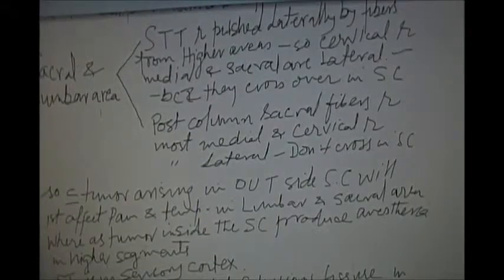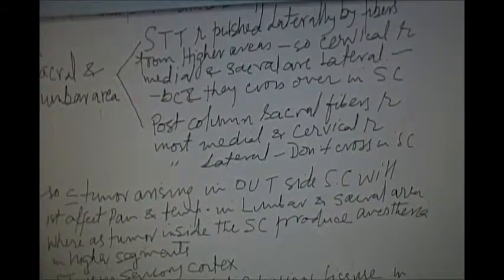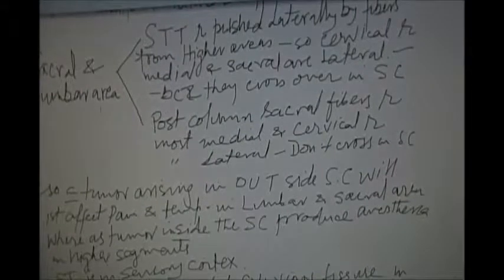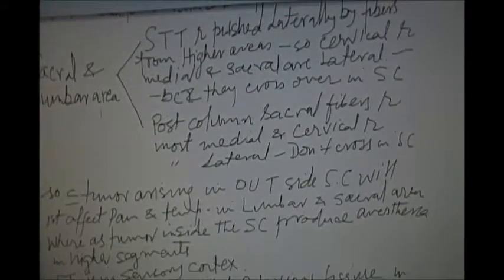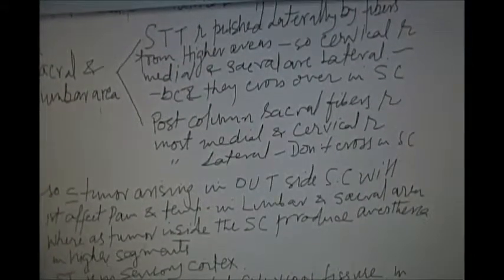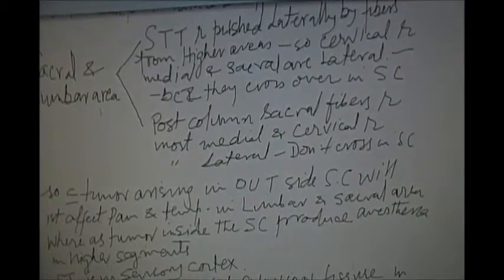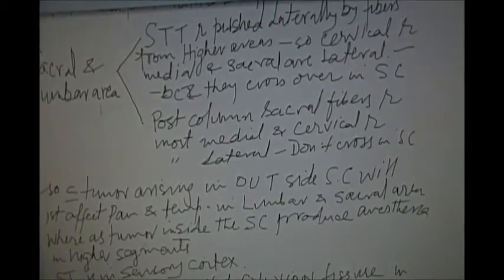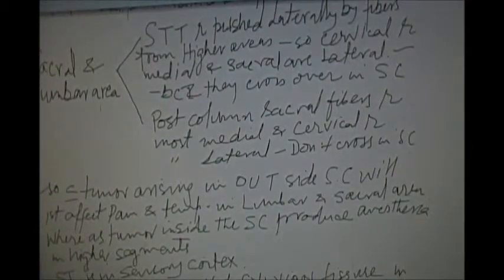So in the spinothalamic tract, the cervical fibers are medial and the sacral fibers are lateral, but in the posterior column, the sacral fibers are most medial and the cervical fibers are lateral. This is very important clinically.